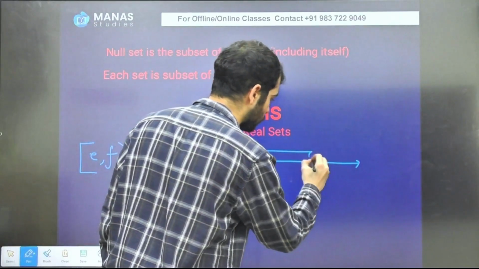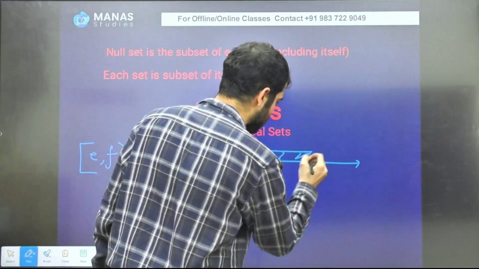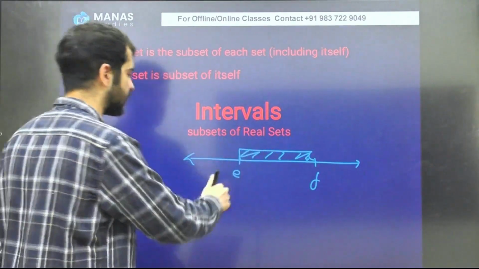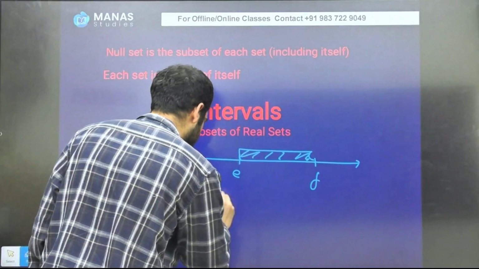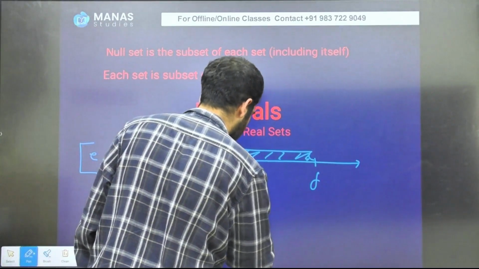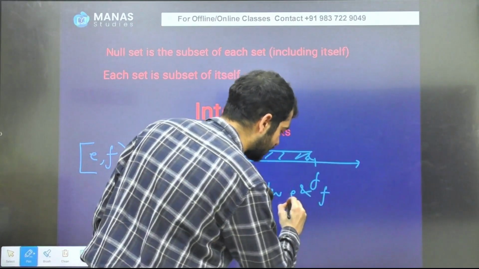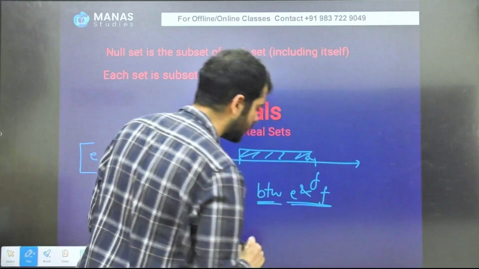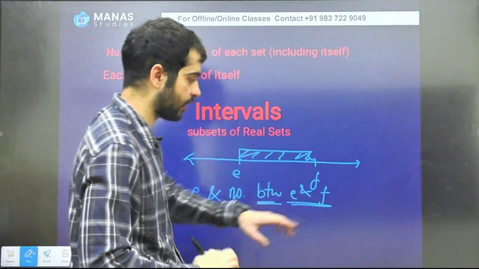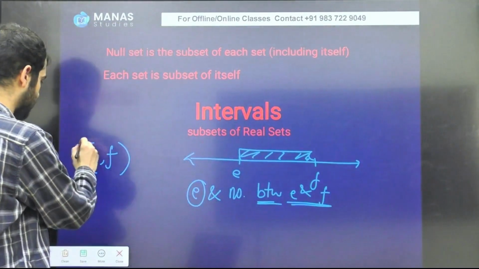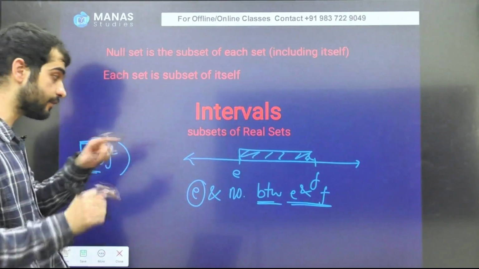If E is included and F is not included, then the set will comprise of E and the numbers between E and F. Needless to say, when I'm saying between, the number E and the number F are not included, and that is why we have to write E separately, because the square brackets indicate that E will be included in this set.